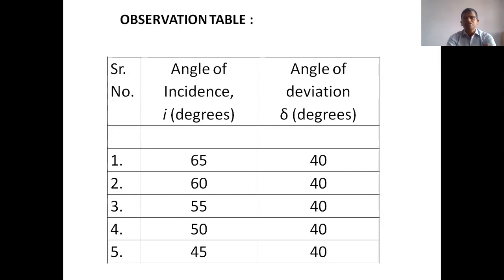Simple table, simple practical, nothing like a big problem in this practical, but some accuracy is needed. Whenever accuracy is lacking, the value of the angle of deviation will definitely become faulty.